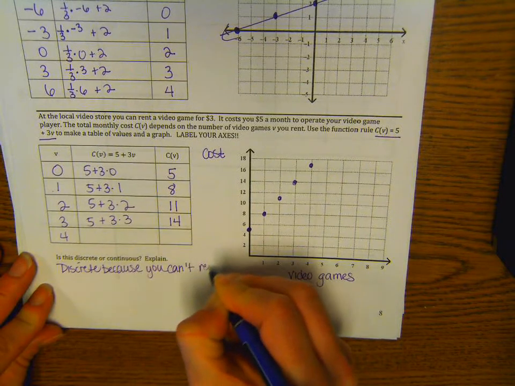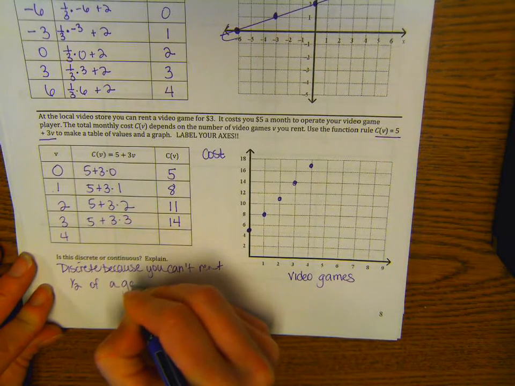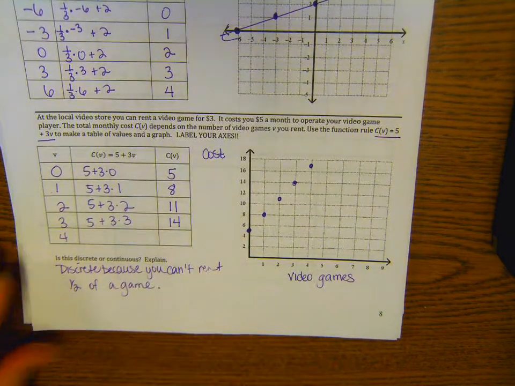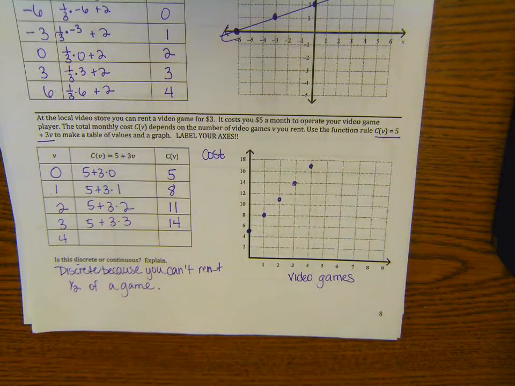Because you can't rent half of a game, or a quarter of a game, or a fraction of a game. You can't rent half of a game. This doesn't work that way.